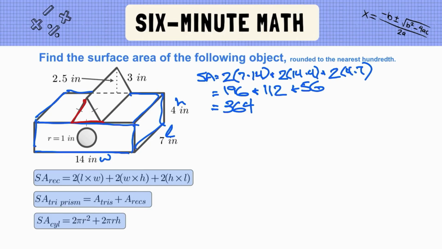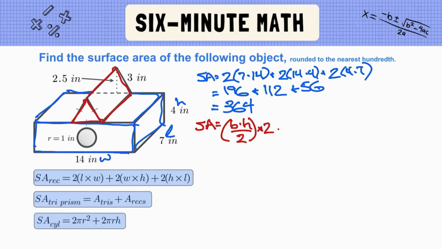Let's now do my triangular prism here in red, the surface area of that triangular prism. Let's do the triangles first. The surface area of my triangles is base times height divided by 2, and there are 2 triangles, so I'm going to multiply that by 2.